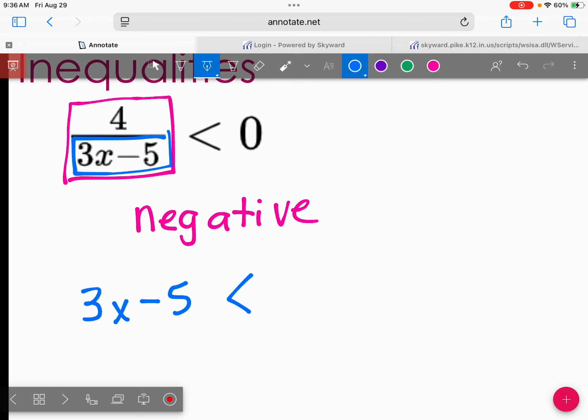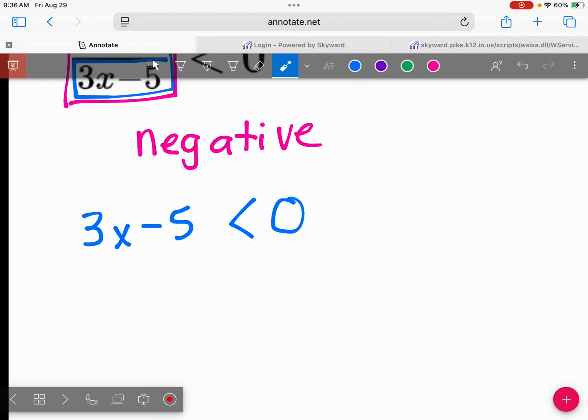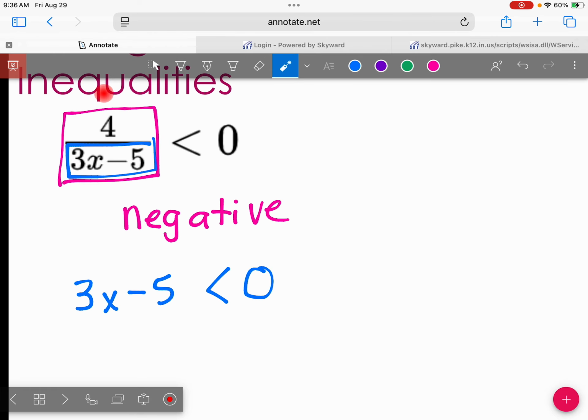When is that less than 0? We don't need to solve it as a fraction. I just need to know when it's negative. So we need to know when this guy is less than 0. That will make my whole fraction negative, which will make this true. So we don't have to solve it as the fraction here, because that's gross. We can just solve this.